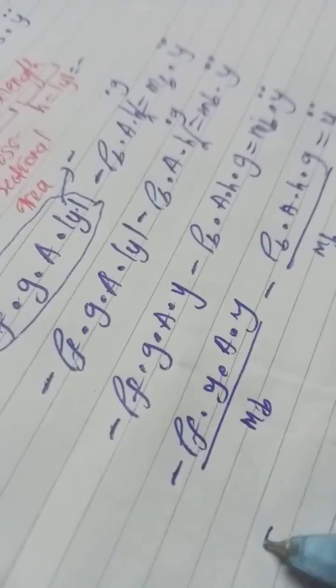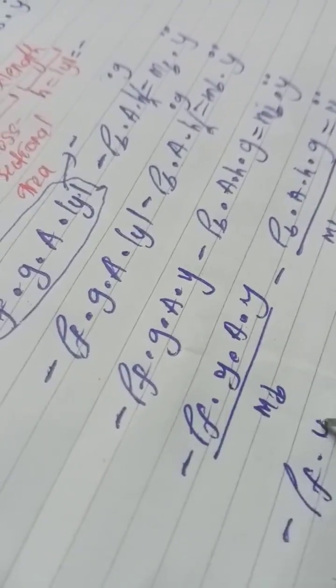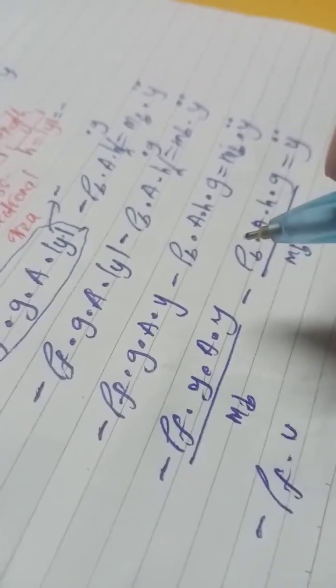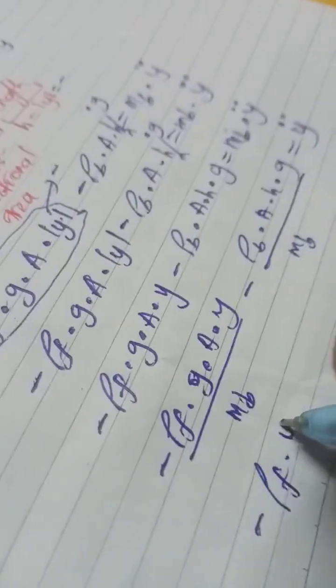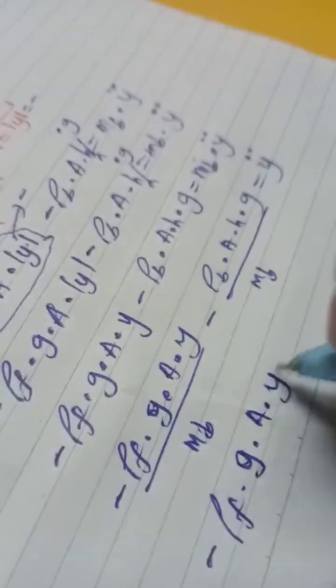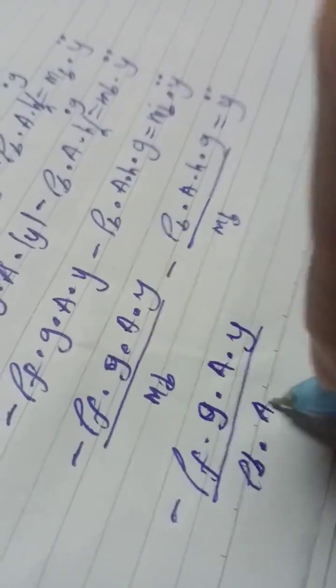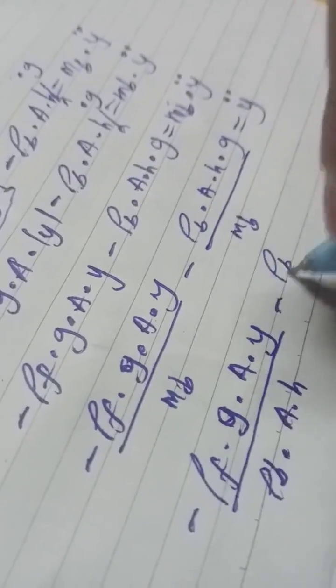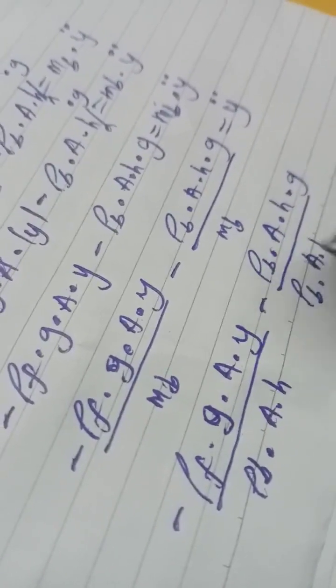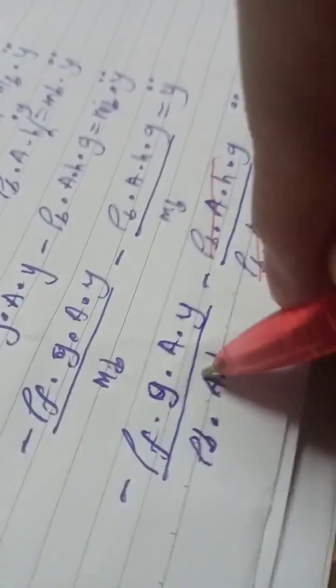Breaking it down again, m_b is represented as rho_B times A times H, so the second term is rho_B times A times H times g over rho_B times A times H. From here we can cancel out the A and the other common terms.